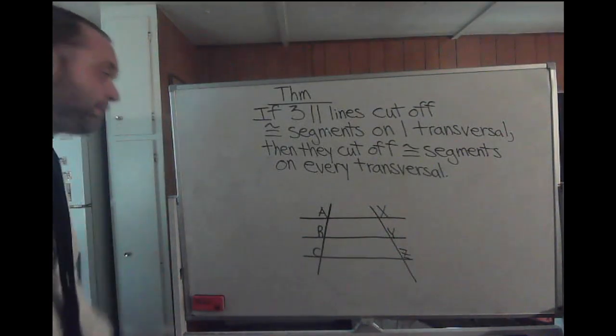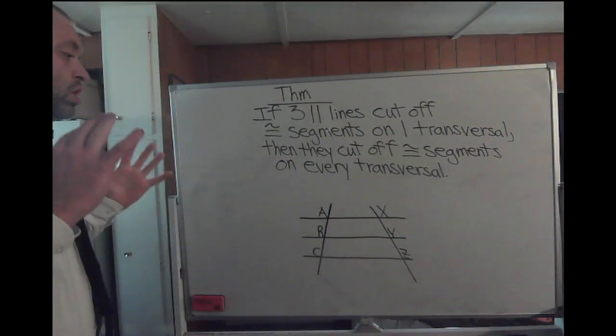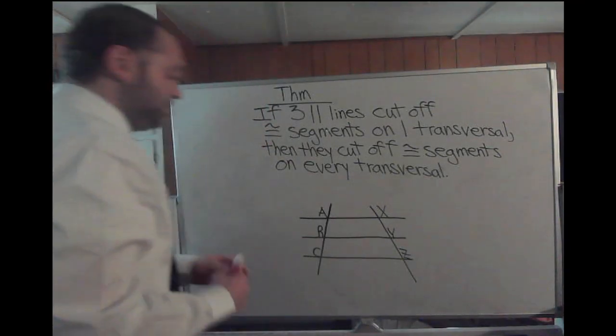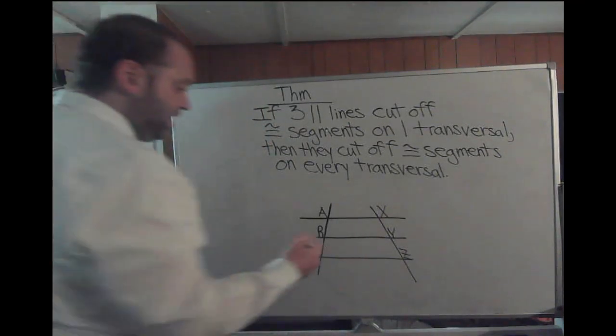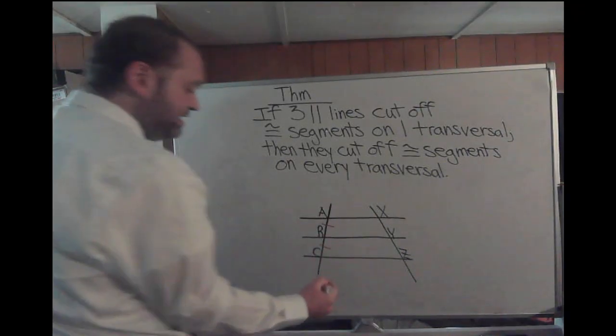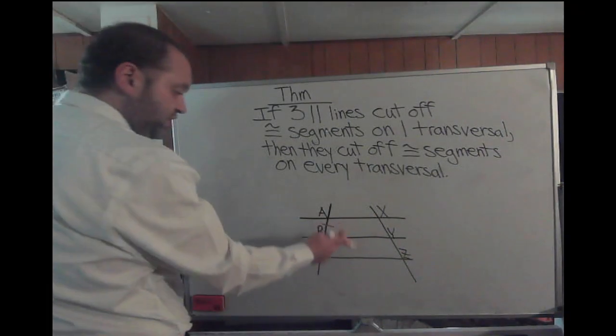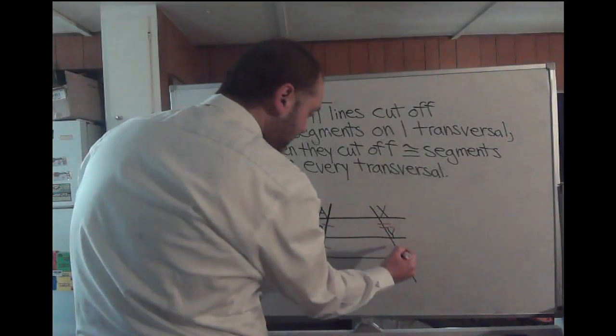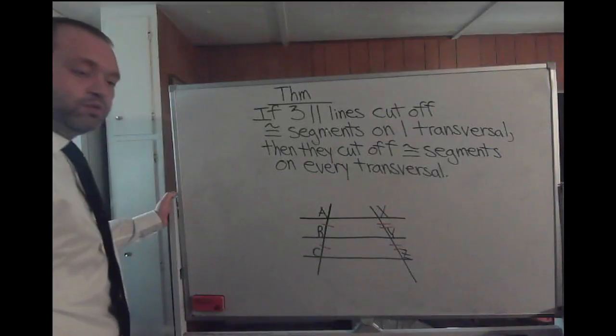So what this theorem is really stating is that if you have A, B, and C congruent, right? They cut off congruent segments on one transversal. That means XY and YZ will also be congruent to each other.